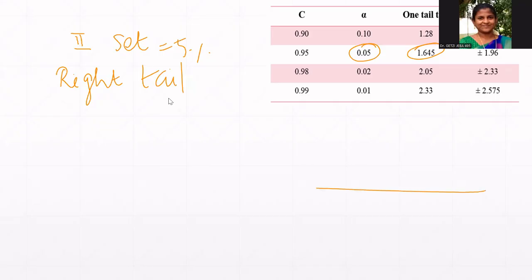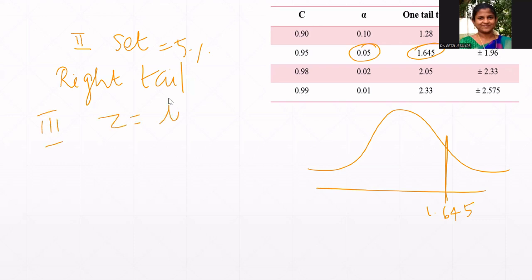So I'll draw the curve. Say this is 1.645. Now let us compute it. z is equal to x minus mu divided by sigma divided by root n.